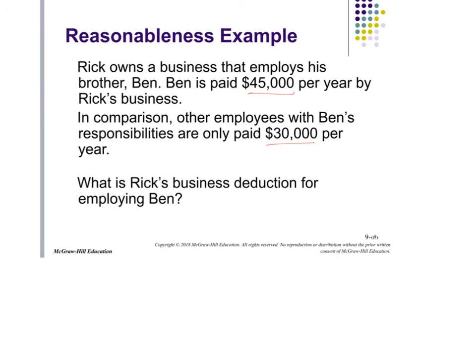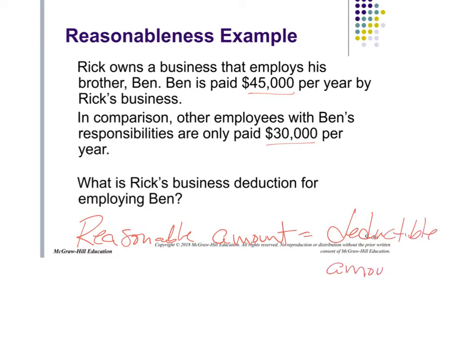Well, what is reasonable? The reasonable amount equals the deductible amount, and that's going to be the comparison to other non-related parties. Okay, so then the question is, what is that additional $15,000 of income?